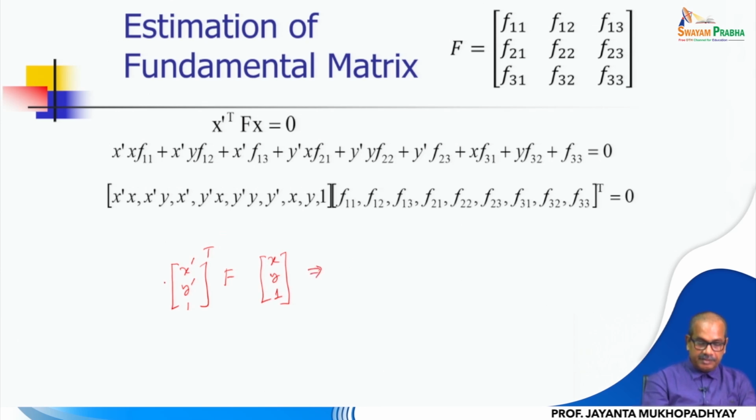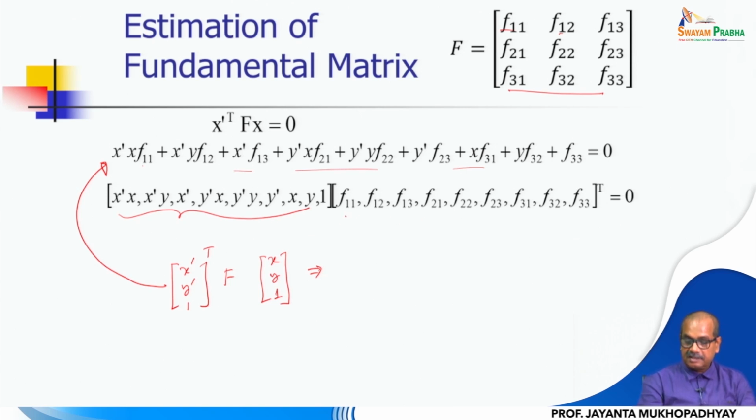That gives me this equation. You see it is a linear equation, all in terms of the unknowns. You can express this as a row vector and a column vector, and naturally the column of unknowns is of dimension 9 cross 1. So one corresponding pair gives me one equation.